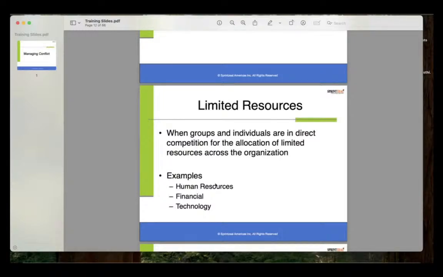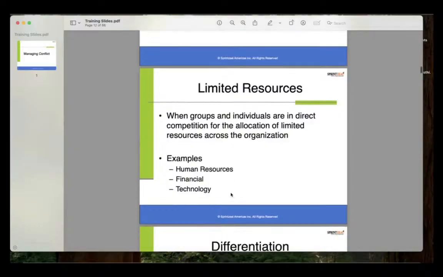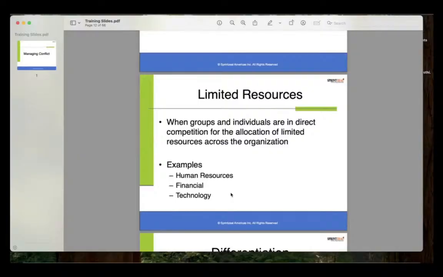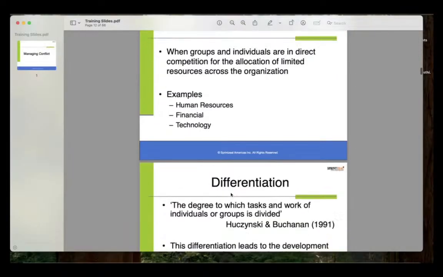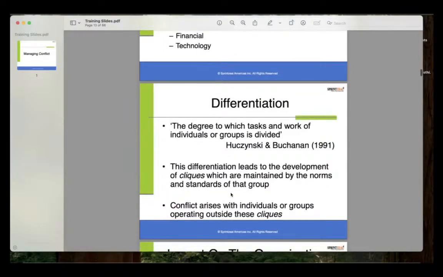So when groups and individuals are in direct competition for limited resources, that is when conflict arises. If human resources are limited, that is also a type of source in any organizational conflict. And the last one, the fourth that we saw, is differentiation.